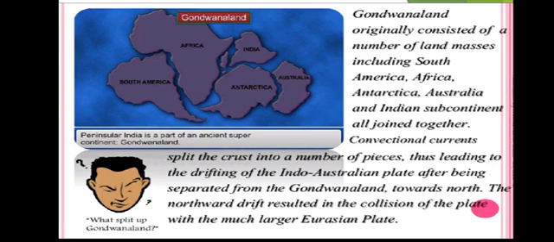Convectional currents split the crust into a number of pieces. You can see the pieces also, thus leading to the drifting of the Indo-Australian plate after being separated from the Gondwana land towards north. The northward drift resulted in the collision of the plate with the much larger Eurasian plate.